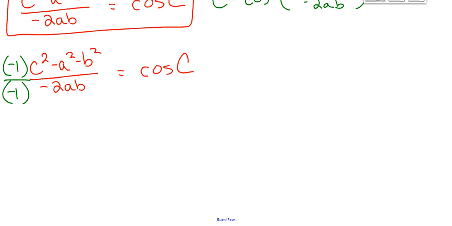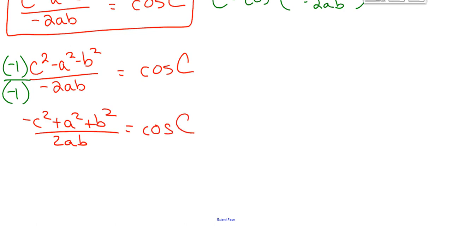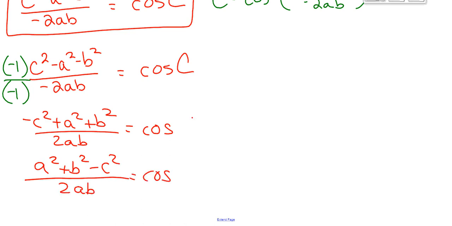Up here, I'll get negative c squared plus a squared plus b squared over 2ab equals the cosine of c. I don't like to have my first term be a negative, so I'll put them back in that order. That would give me a squared plus b squared minus c squared all over 2ab is equal to the cosine, oh, I had forgotten the c there, is equal to the cosine c.